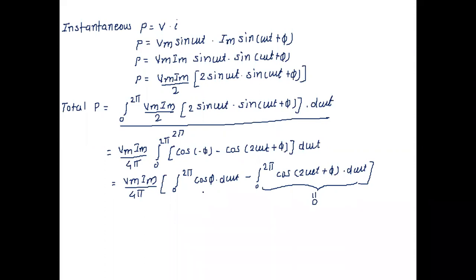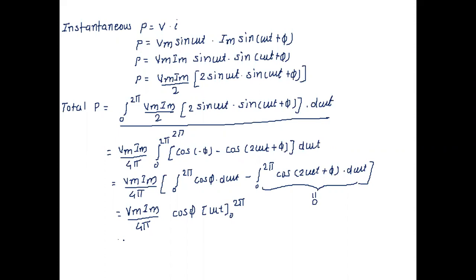So only the first term remains, and in that I can write Vm Im upon 4 pi. Cos phi is a constant, so let me take it outside, cos phi, and in bracket what remains is d omega t, and the limit should be 0 to 2 pi. Is it right?